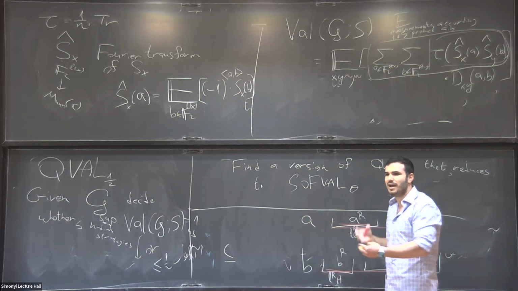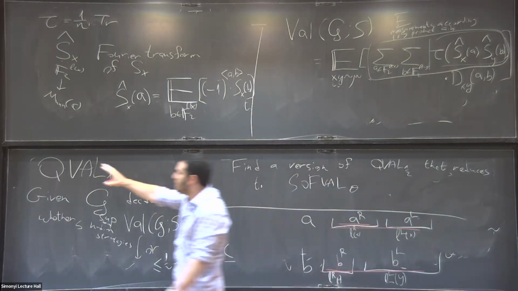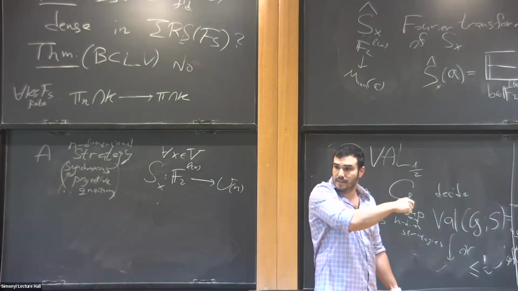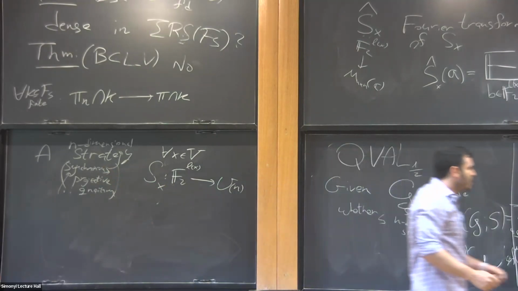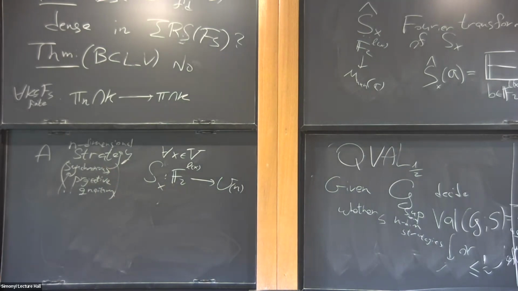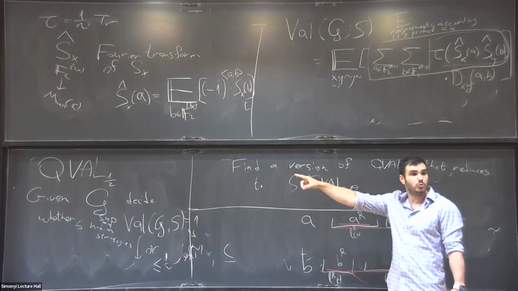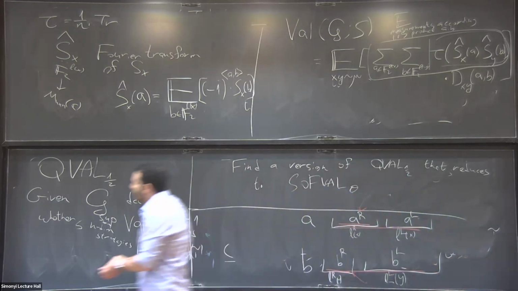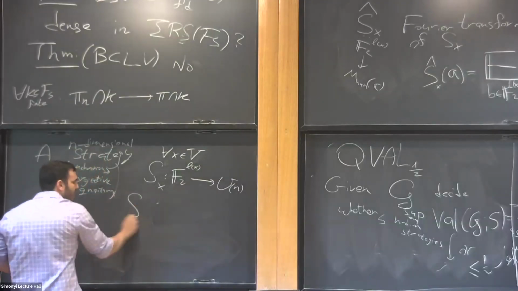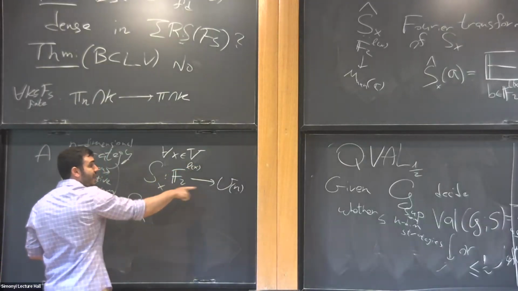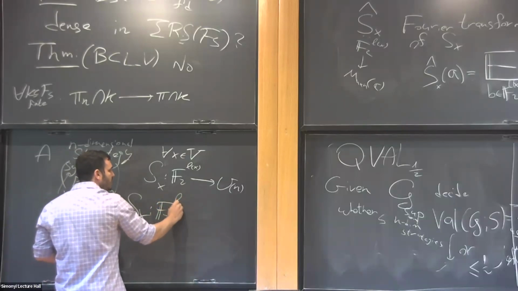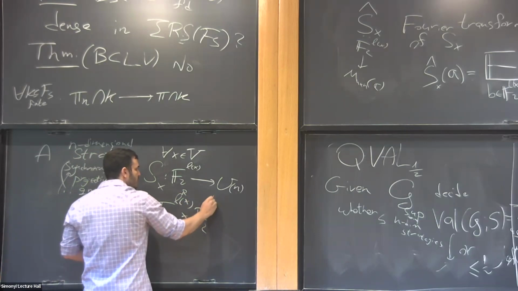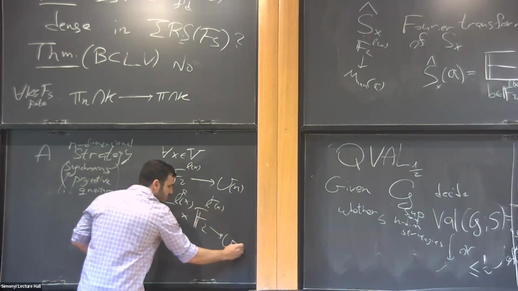And now you should ask, if I keep allowing you the same kinds of strategies, I didn't gain anything by this moving window between readability and unreadability. And the point is that for any readable variable, I'm going to force the provers to use just diagonal matrices. So the strategies are now not from F2 to the LX to UN, they are from F2 to the LRX times F2 to the LLX to UN.